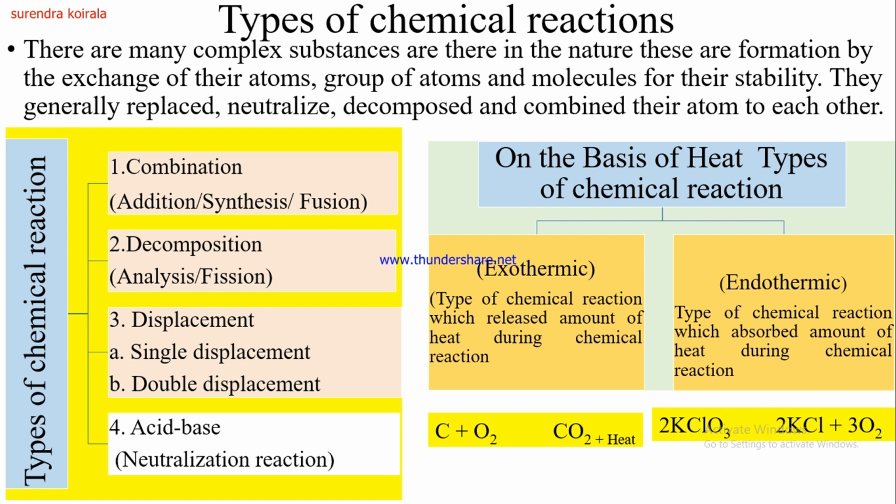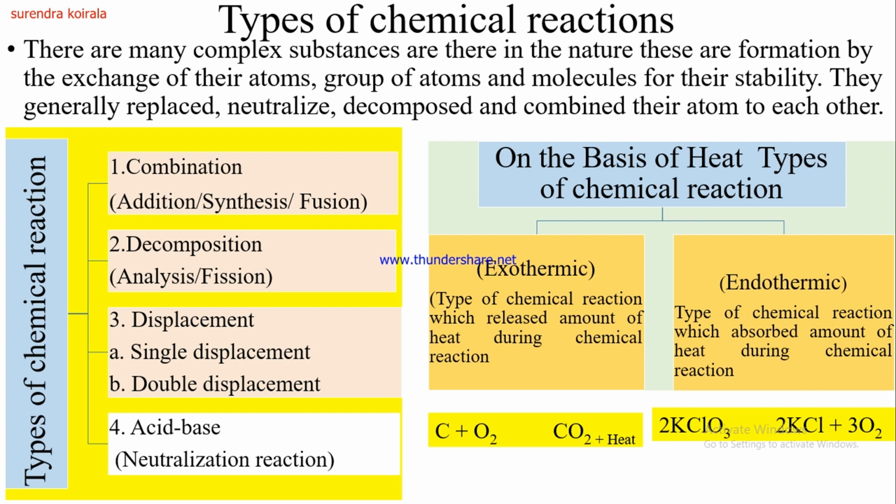And as you know, combination reactions are known as addition, synthesis, as well as fusion reactions. And decomposition chemical reactions are also known as analysis as well as fission chemical reactions. And displacement reactions are known as replacement reactions. There are generally two types of displacement reactions: the first is single displacement, the second is double displacement reaction, and the third is the acid-base reaction.